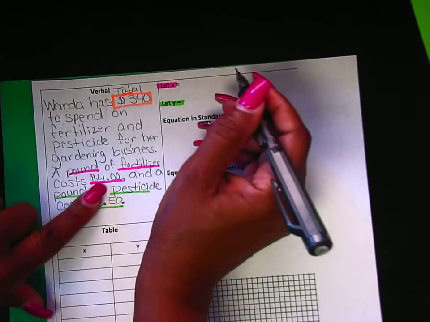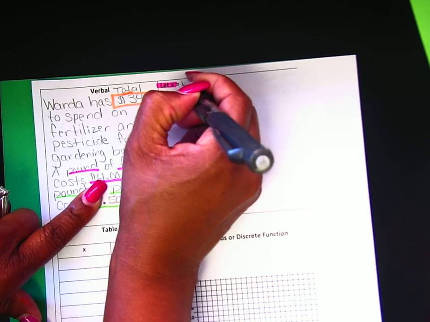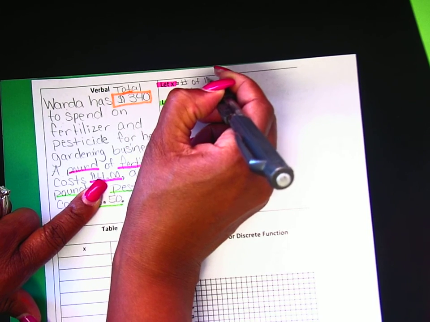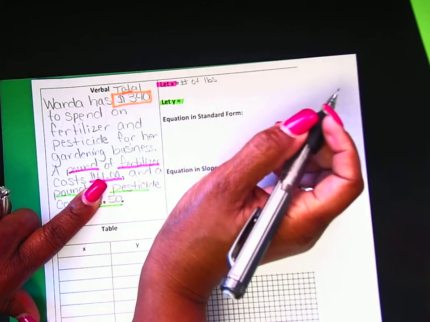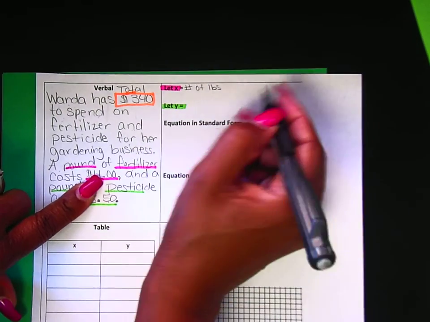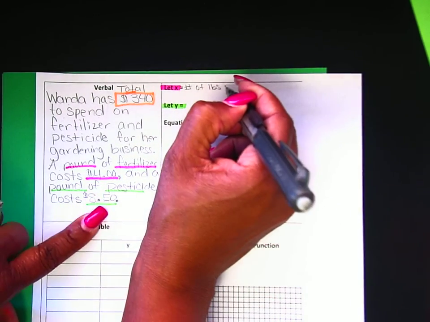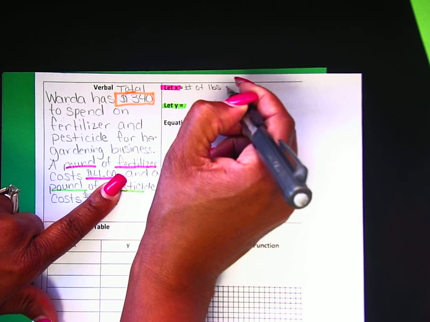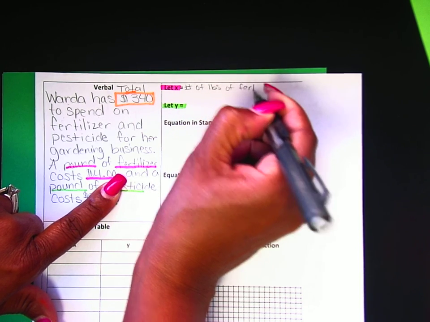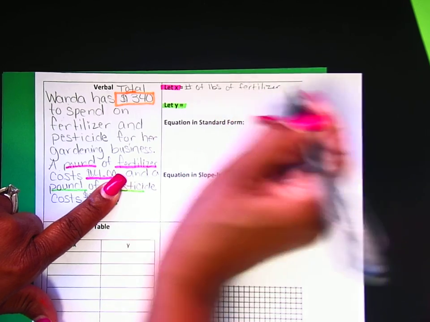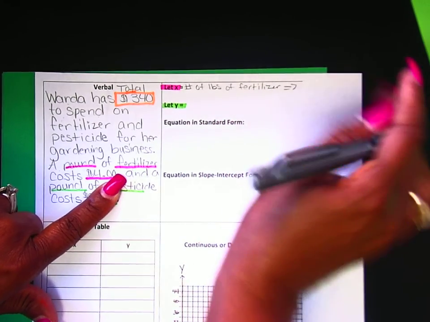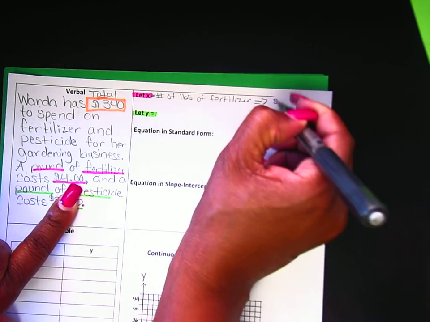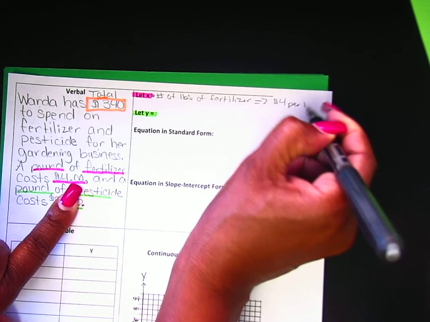So I'm gonna say let X equal the number of pounds, and I'll put it as OBS, number of pounds of fertilizer. Okay, and I know that the fertilizer is gonna cost $4 per pound.